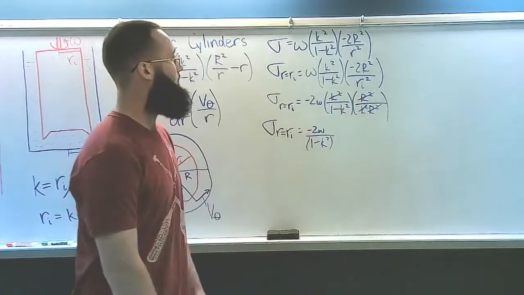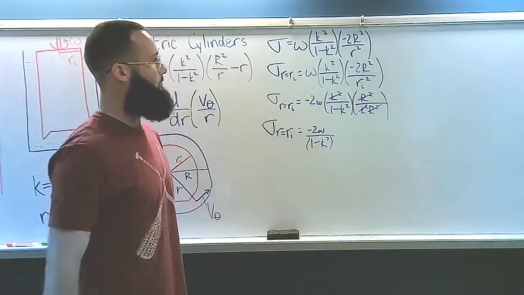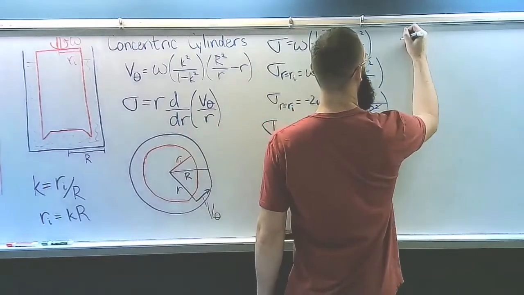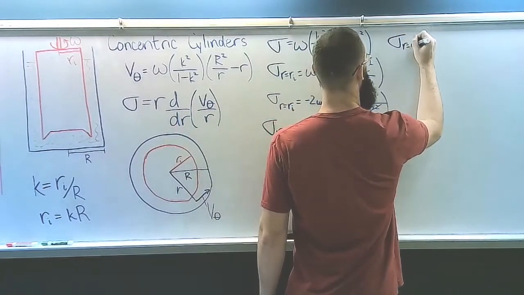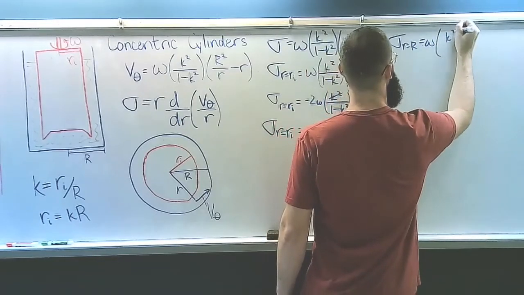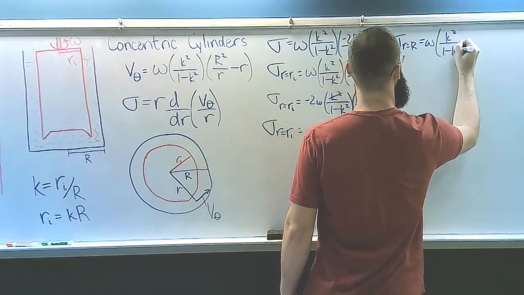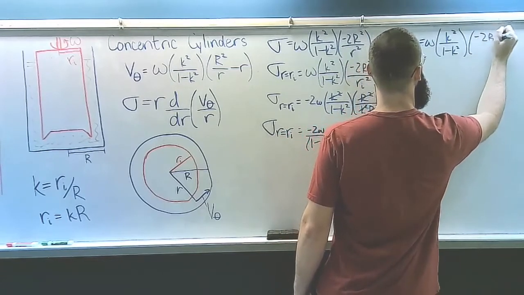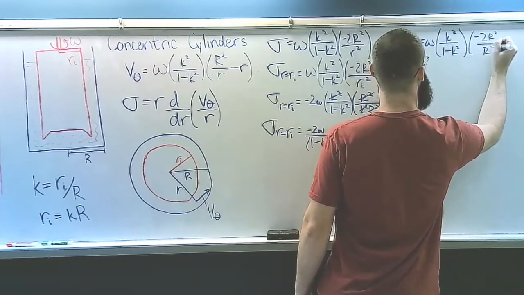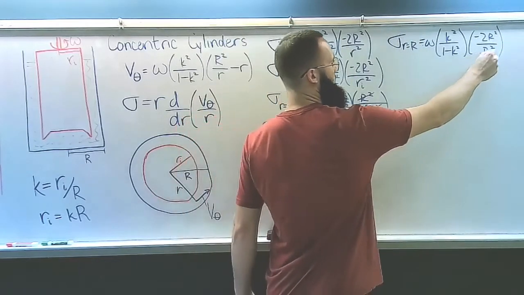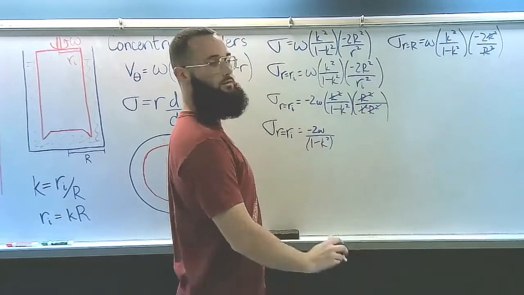So we'll take this equation here and sub in r is equal to big R. Now, as you can see from there, these r squareds can already cancel.